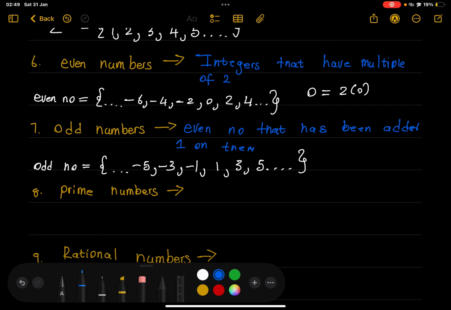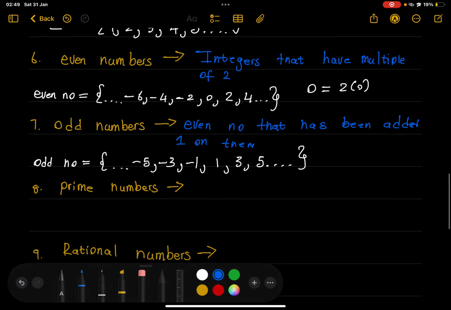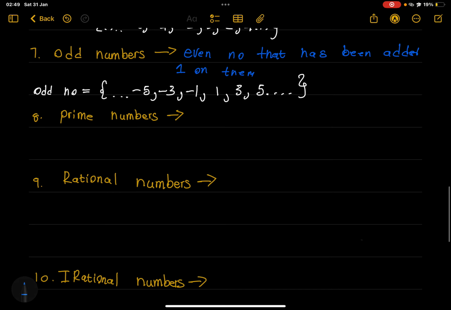So now let's talk about prime numbers. Prime numbers are numbers that are divisible by 1 and by themselves only. So that means that a prime number can only have a multiple of 1 or itself, like this.